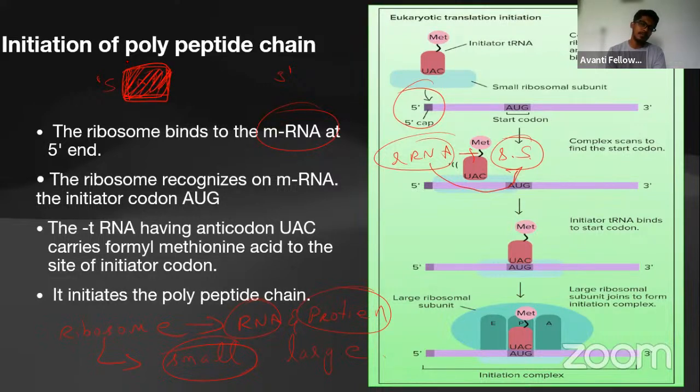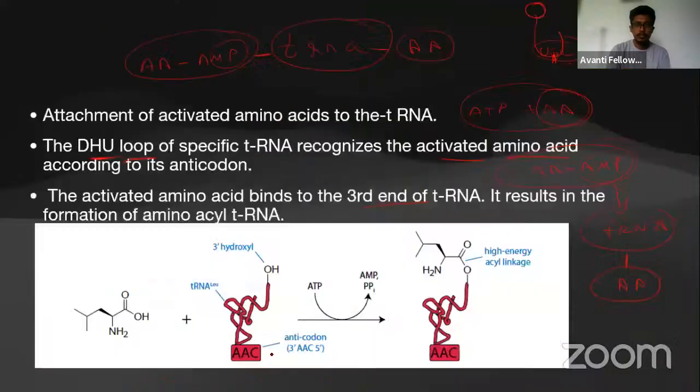And next, what will happen? Following your small subunit, a large subunit will also assemble. Now the small subunit of the ribosome, the large subunit of the ribosome, as well as your mRNA have come and assembled. Once they have assembled, this is called what? I will write it here only, I don't have space.